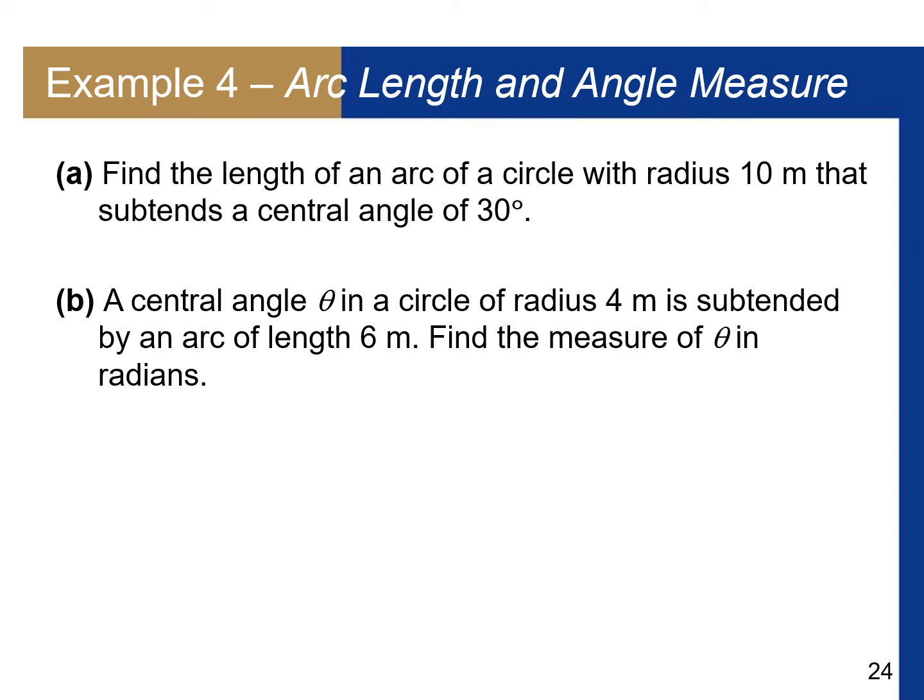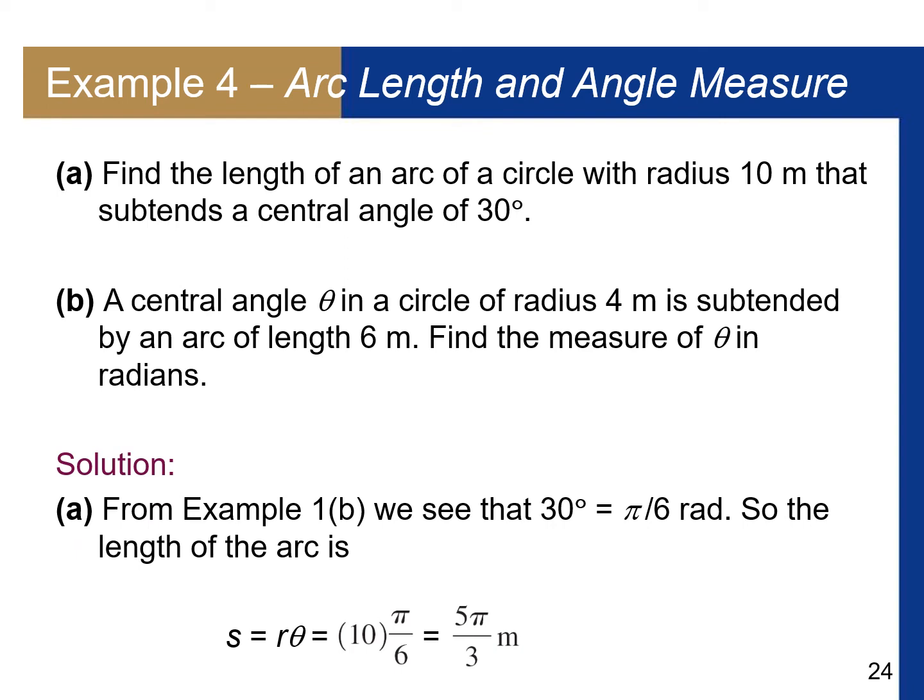Find the length of an arc of a circle with a radius of 10 that subtends a central angle of 30 degrees. Find the central angle theta in a circle of radius 4 meters that's subtended by an arc length of 6 meters, and find the measure of theta in radians.